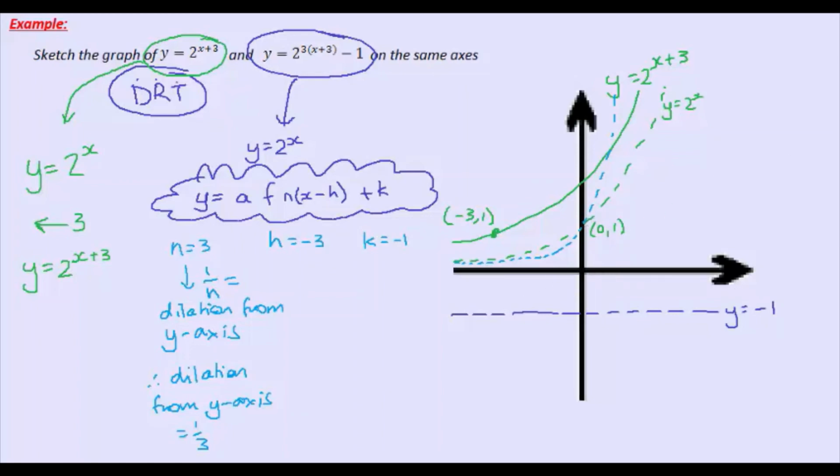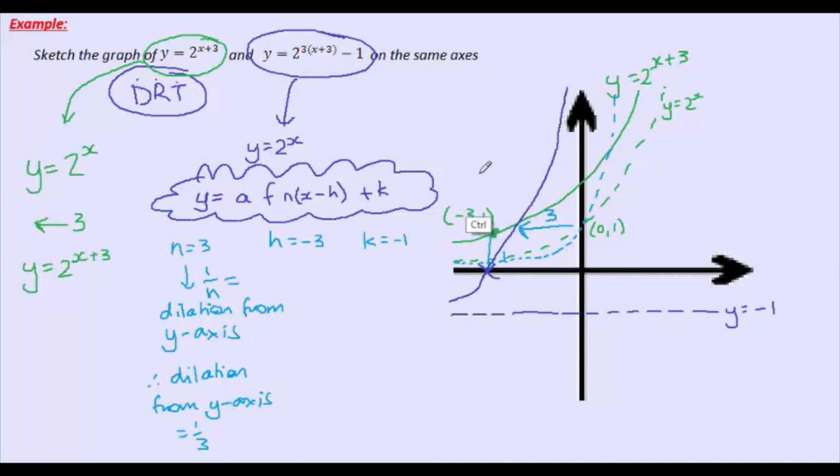So my point here that was at 0, 1 is still going to be at -3 and 1 as I move it across 3. And then it's going to move down by 1. So it's actually going to cross my x-axis at -3. So my function will be squished and moved, and it's going to end up looking something like this.